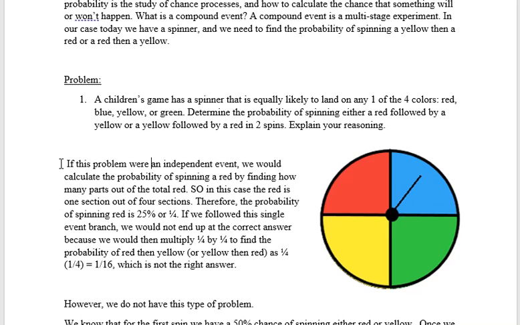So the red section is 1 section, and there are 4 total sections. So the probability of spinning a red is 25% or 1/4. If we followed this single event branch, we would not end up with the correct answer because we would then multiply 1/4 by 1/4 to find the probability of red then yellow or yellow then red as 1/16, which is not the correct answer.